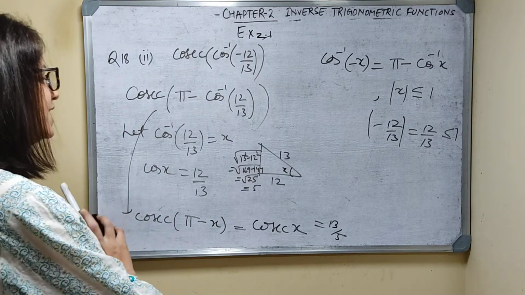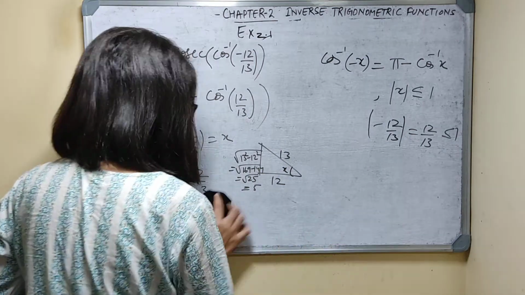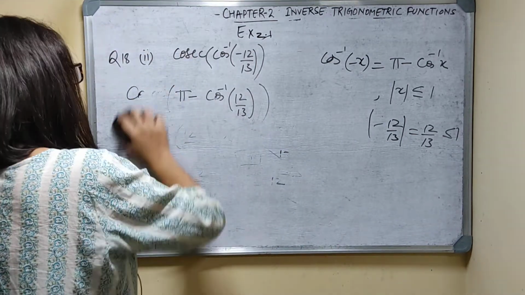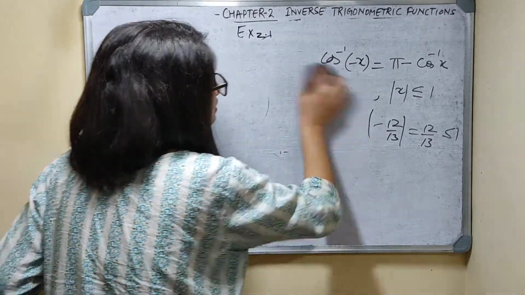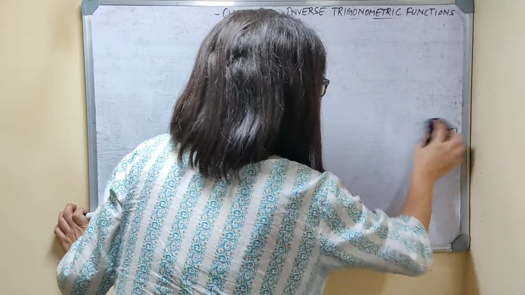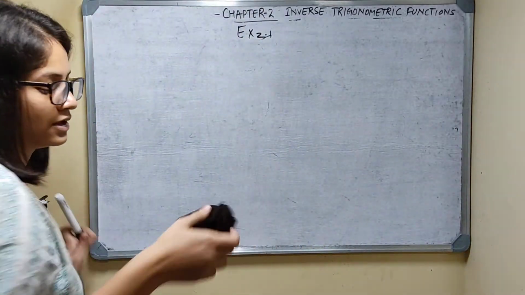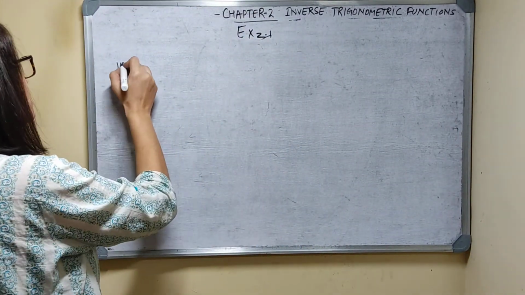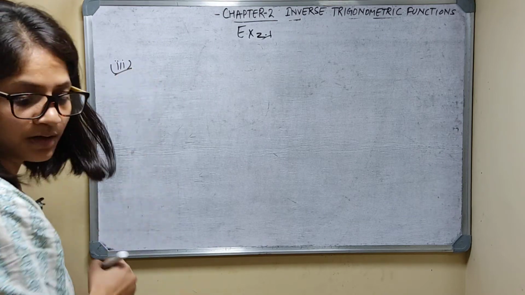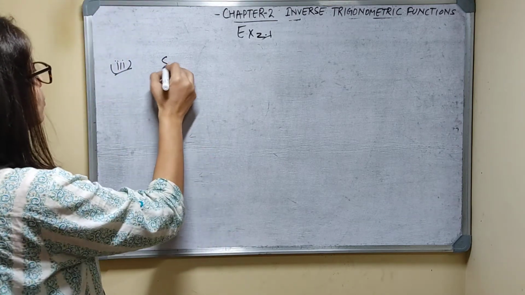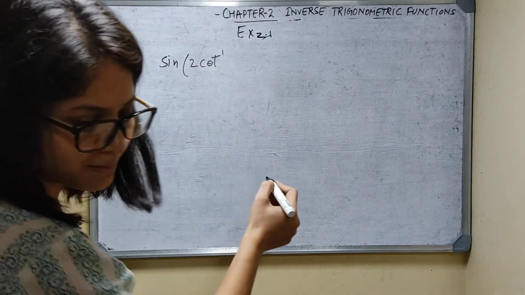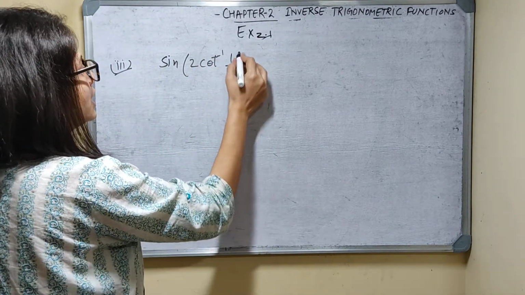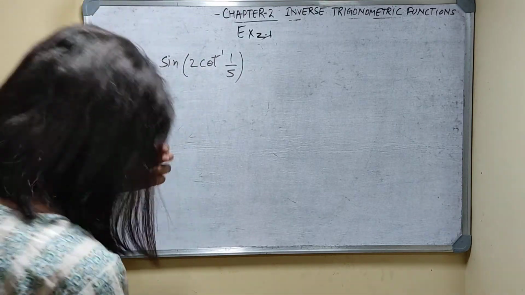Now question number 18, third part, the last question. Sine of 2 cot inverse 1 by 5.